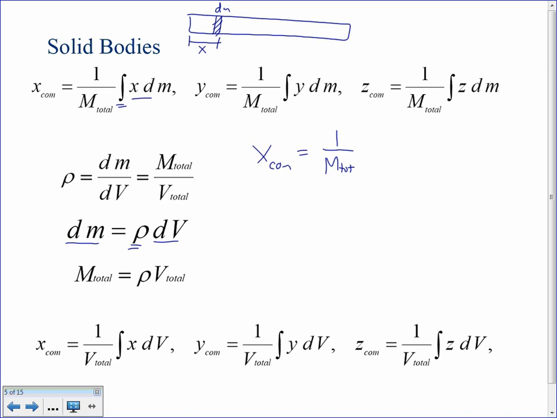It would be the volume if we're looking at 3 dimensions. And so we have that this is the integral of x. Again, dm is the density rho times the volume dV.